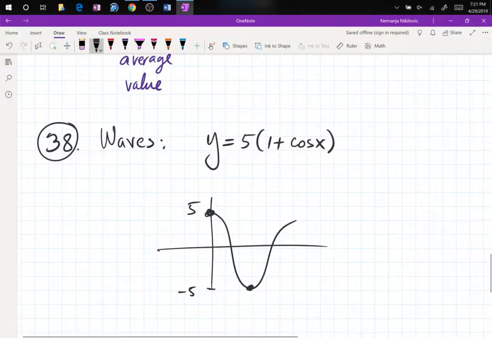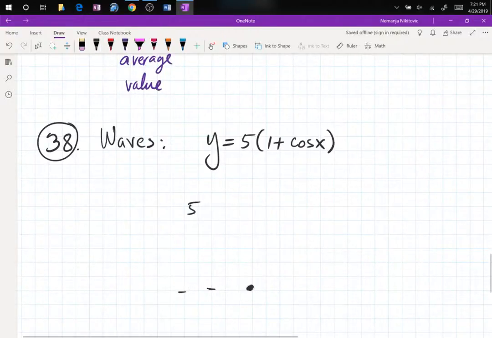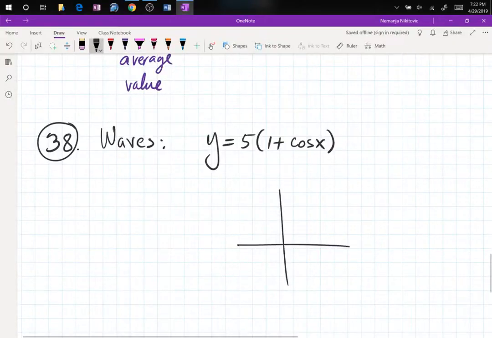That's a big drop for a water wave. Now this will also be plus 5, so actually it should look like this: 0 to 10, with the middle line at 5. So the graph should look like this.